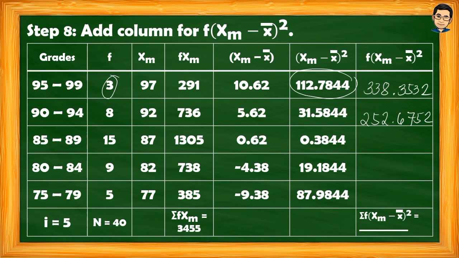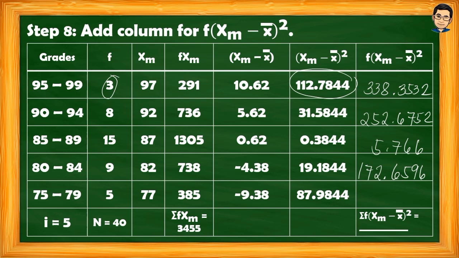Next, 15 times 0.3844 will have 5.766. Next, 9 times 19.1844 will have 172.6596.